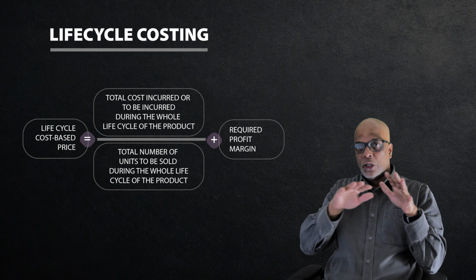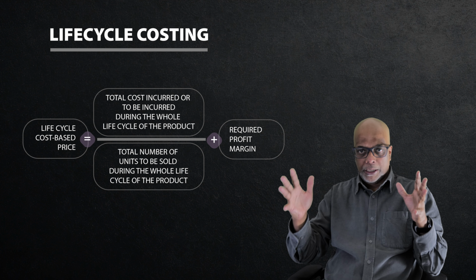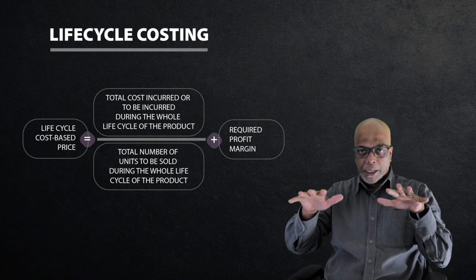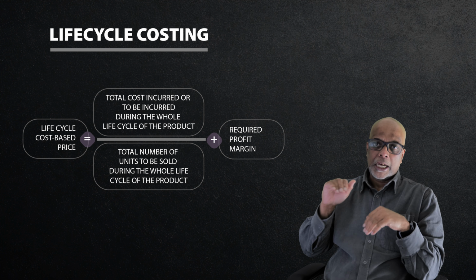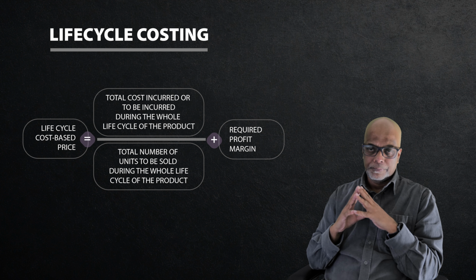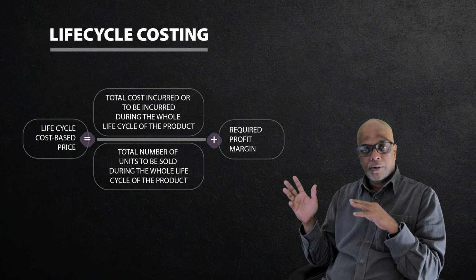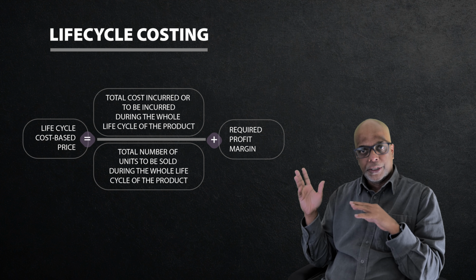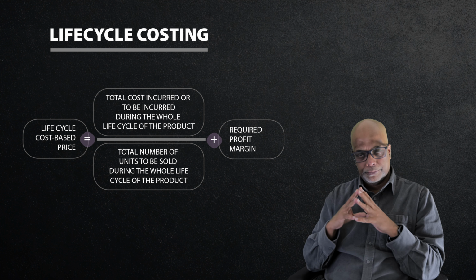But however, on average, throughout the whole period, we have to achieve that average price at least, in order to gain our desired profit margin. So that is the overall logic of life cycle costing. In the textbook, there's a worked example of how we do it.